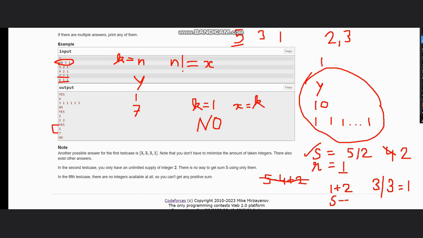Now with s minus minus, we are left with s as 1, and the number of 3s is also 1, so the total count becomes 2. We print 2 from 1 to s, running the loop, so s is 1, 2 is printed once. Then we print the 3s, so the answer would be yes, 2 2 3. Hence this would return our answer.